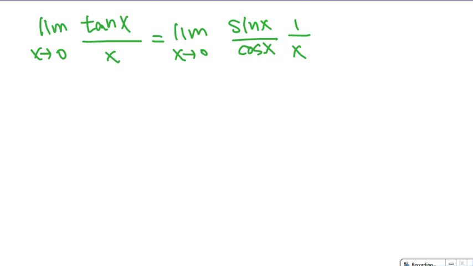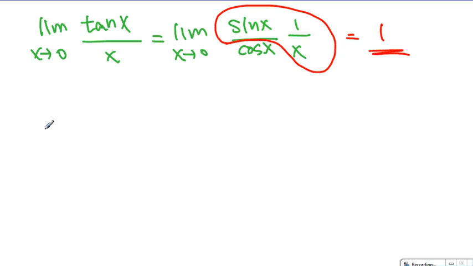Now, when you look into this one, you will probably realize that this portion, sine of x over x, is essentially equal to 1. Therefore, the limit of cosine as x approaches 0 is still equal to 1, which makes this one 1 also.